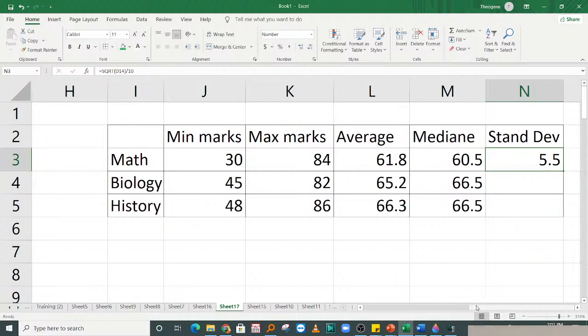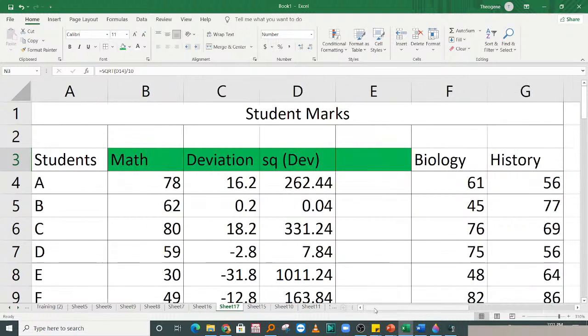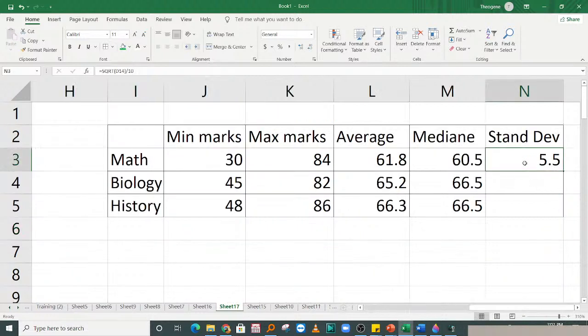And if you look at how the marks deviate, we have 16, we have 0, we have other negative numbers, so we squared this, found the square root, then divided by the number of students to find the average. That is the standard deviation of math marks.